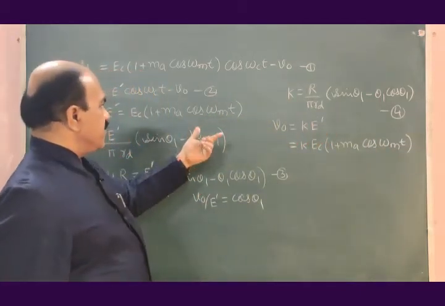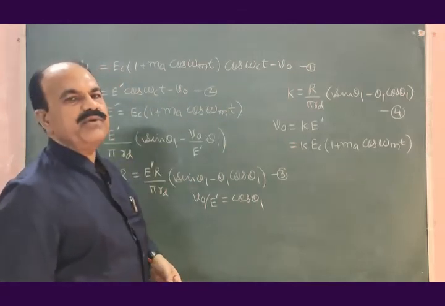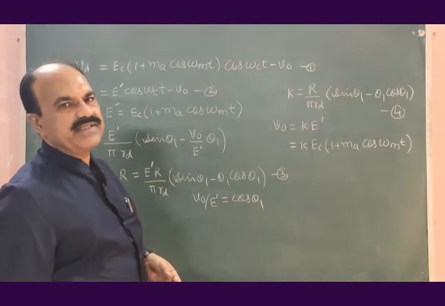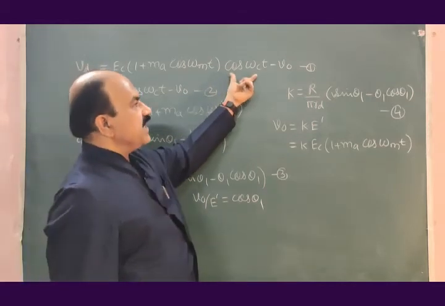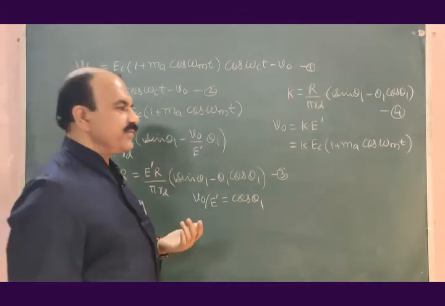Why we have not considered this term? This is simply going to the ground, it is not coming at the output side. When video or audio information is obtained, it is not coming there, it is simply bypassed by the capacitor C1 to the ground.